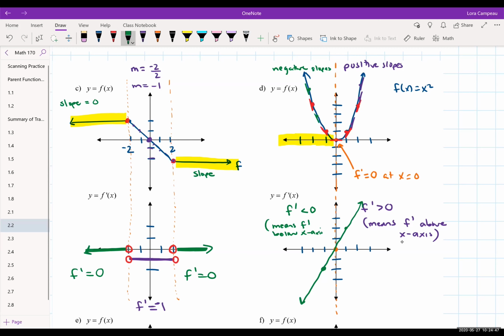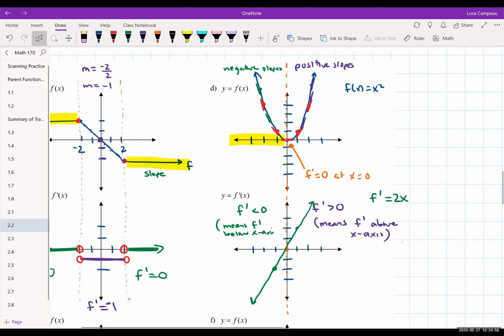By the way, we might be able to inspect this a little bit more when we calculate the derivative through the limit definition, so you know I didn't come up with this out of thin air.